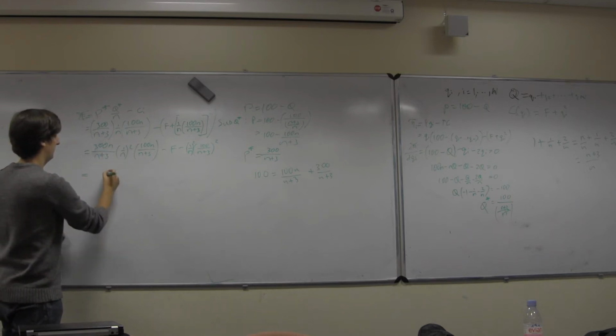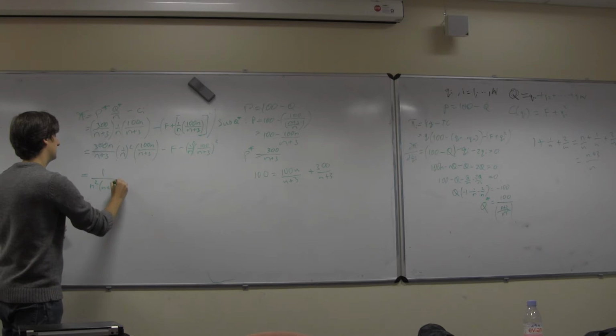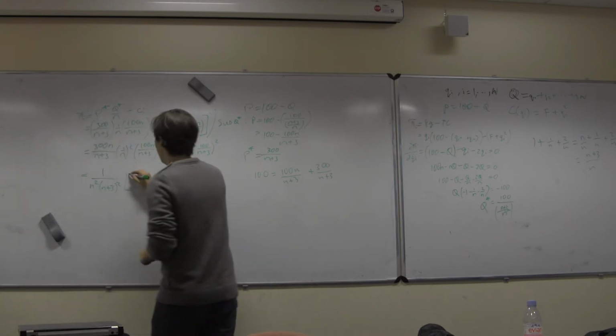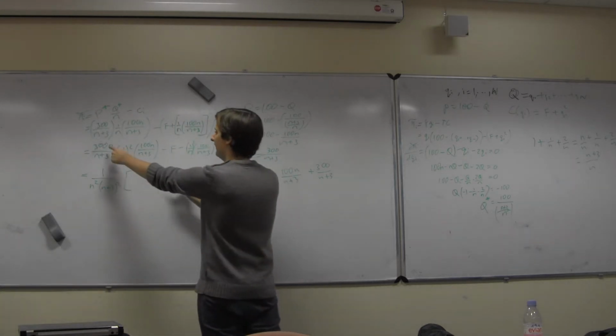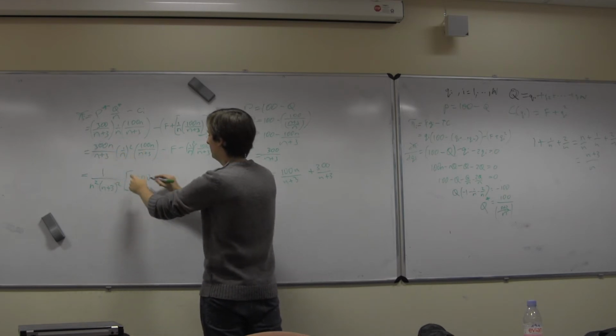So let's just put the thing on the bottom at the front. Okay, so we've got 1 over n squared, n plus 3 squared. And then we've got everything else. So here we've got 300n times 100n.